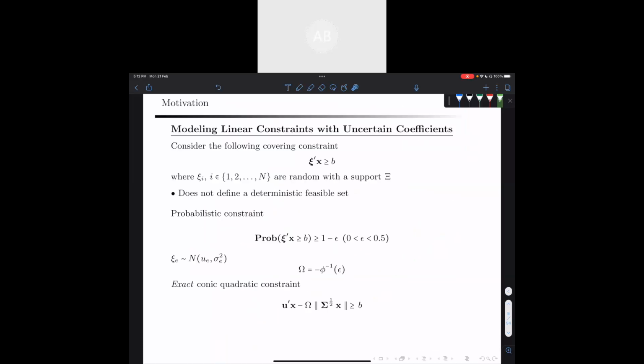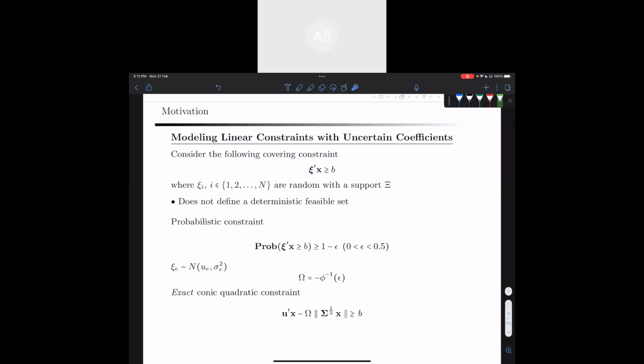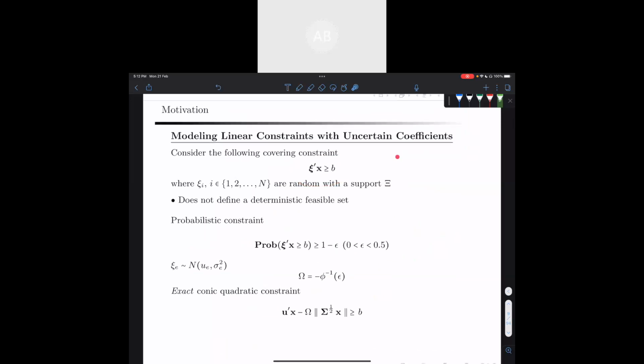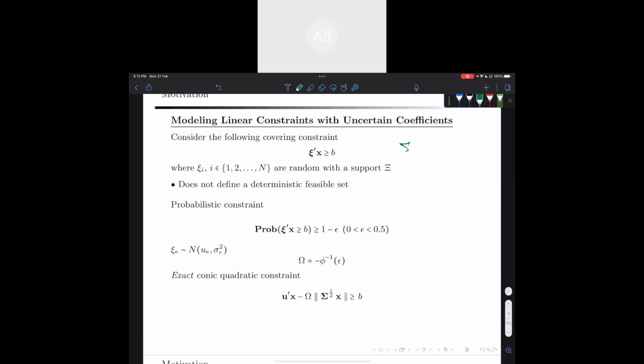As I said, we had constraints of this form. In the previous slide we were dealing with constraints that are a summation over some indices of some parametric terms and some set.